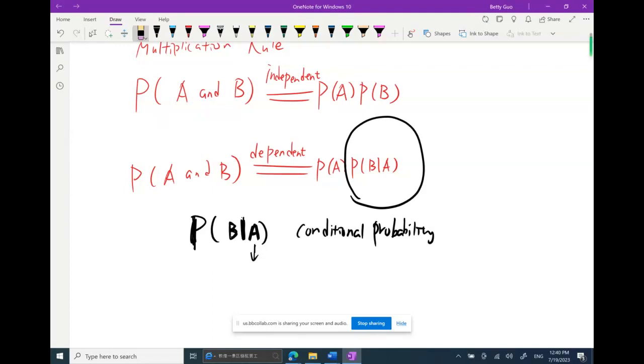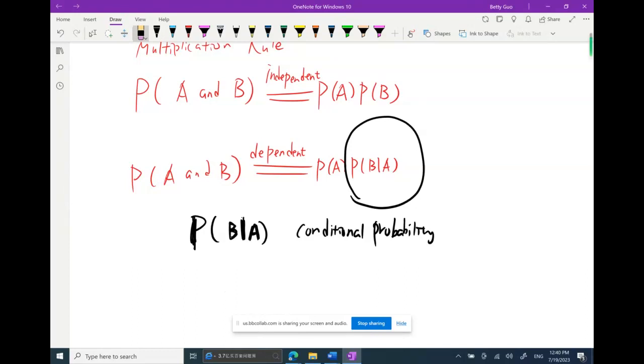Does that make sense? The name is very intuitive. The notation is also very intuitive. Whatever is to the right of the bar, that's the event that already occurred. We consider the chance of B occurring under the condition that A already occurred. So this would be different from P of B, unless A and B are independent. We are going to talk about that in a moment.